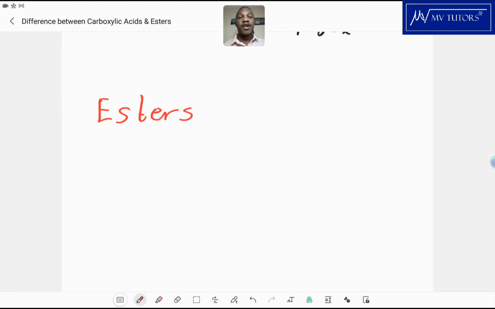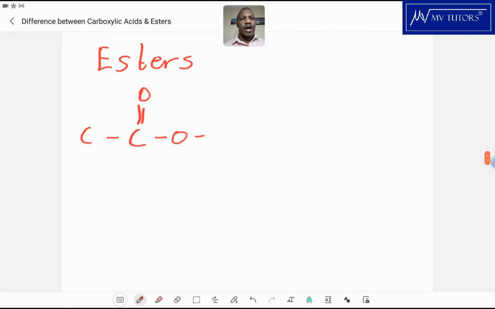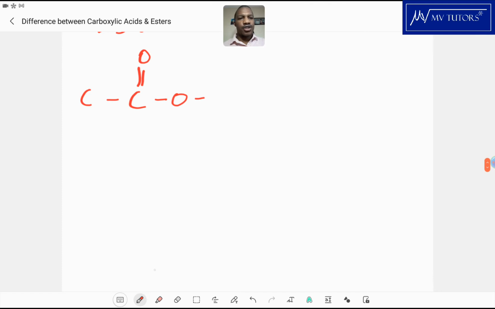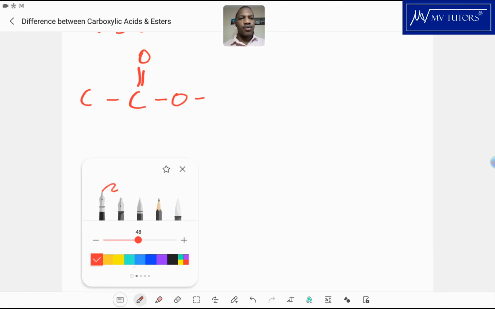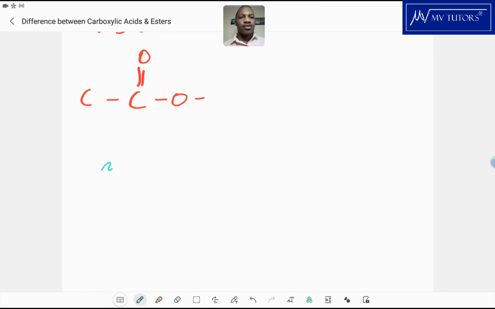Esters. Now the functional group for esters: you've got a C, you've got an O there, and you've got an O there, and something else there, and another C there. Let's make 2 examples of structural formulas.